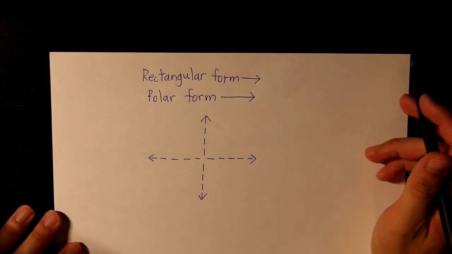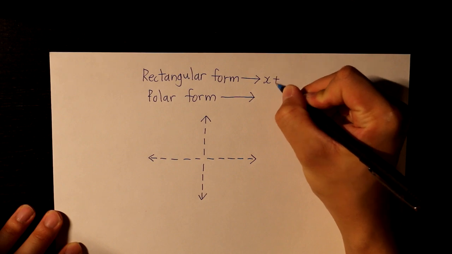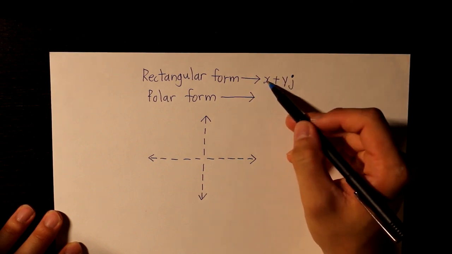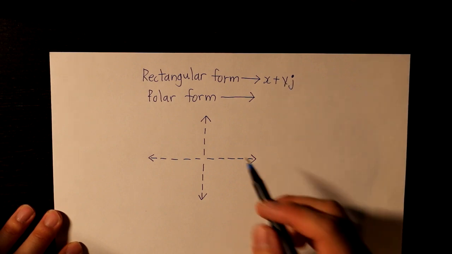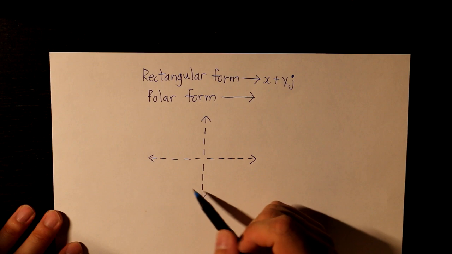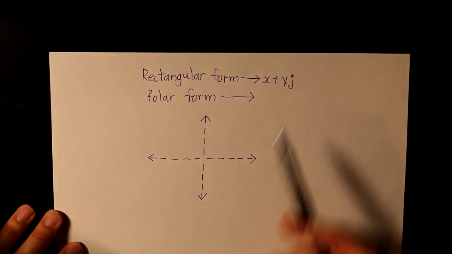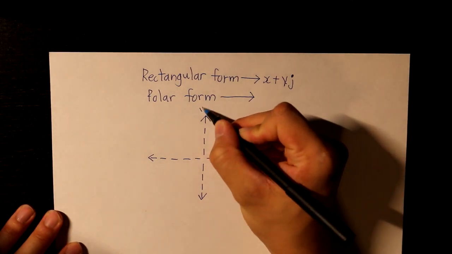And rectangular form is basically the form of x plus yj, with x being the real value and y being the imaginary value. And in this plane, to illustrate that in the complex theory, we have x value here and then yj value up here.